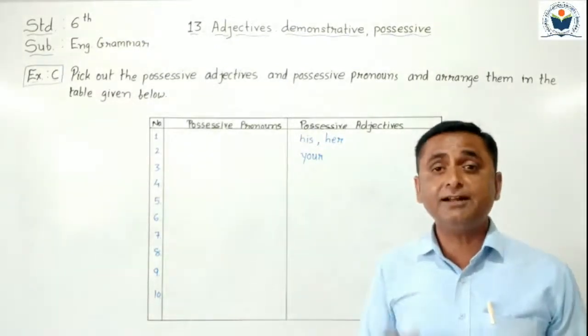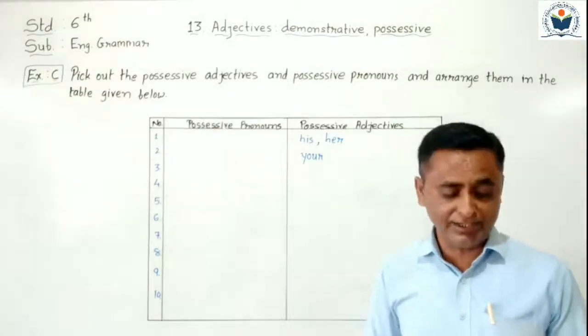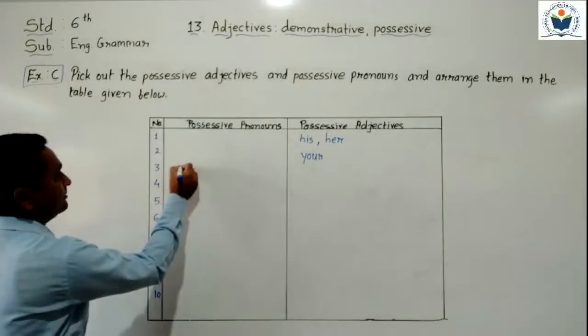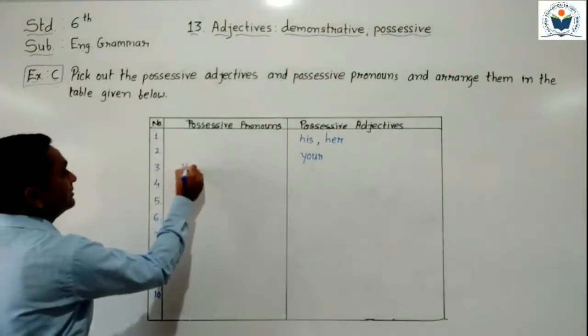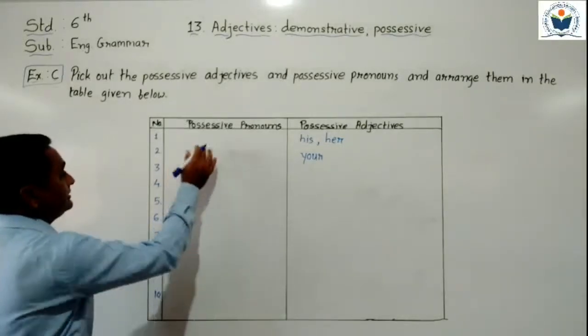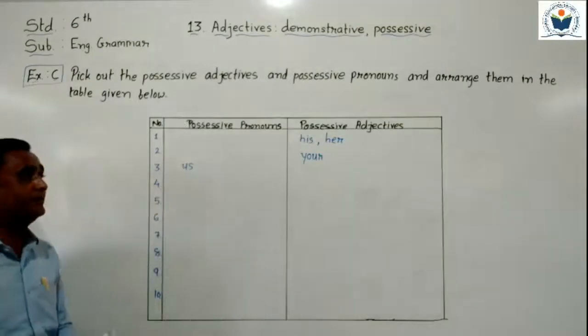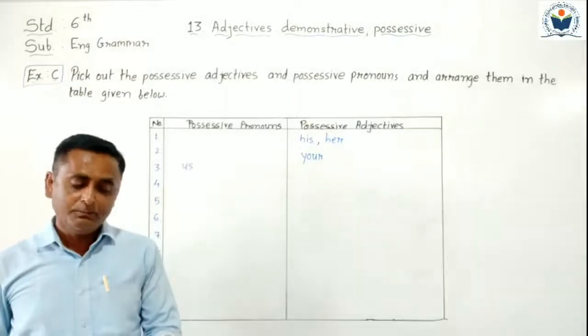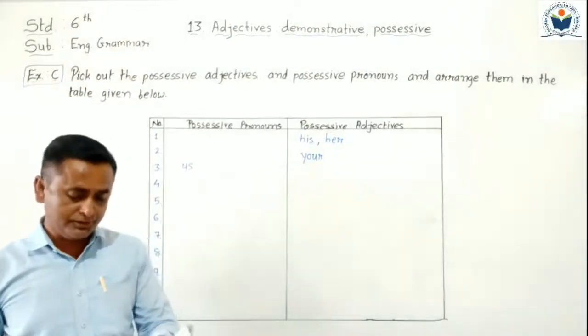So we can say that here us is used as a possessive pronoun. So for the third sentence we have to write us in that box, because us is a possessive pronoun here. In your third sentence the possessive pronoun us is used.